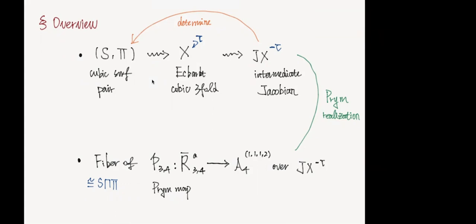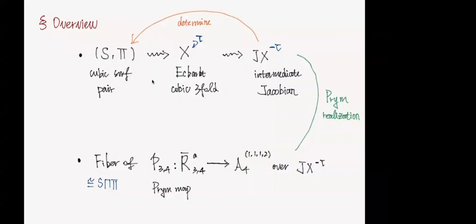The corresponding Prym map is this P34, where R34 are some double covers of genus 3 curves branched at 4 points. Then you take the Prym, you get some abelian fourfold, and that abelian fourfold has a polarization of type (1,1,1,2).